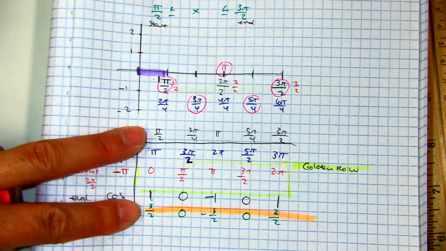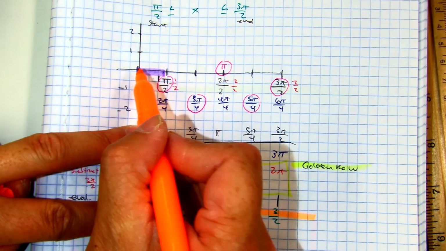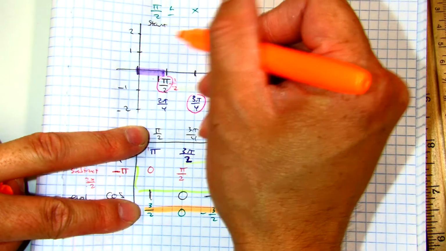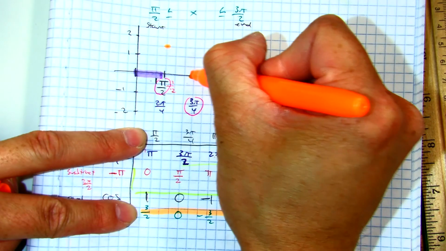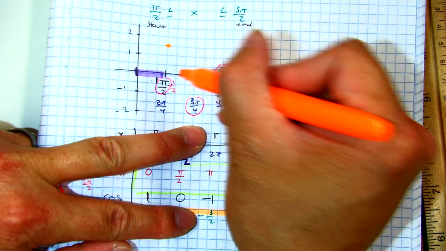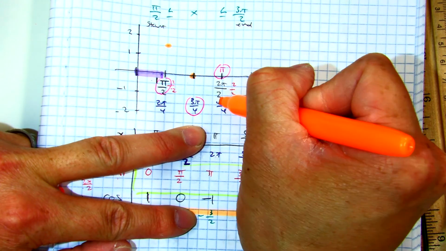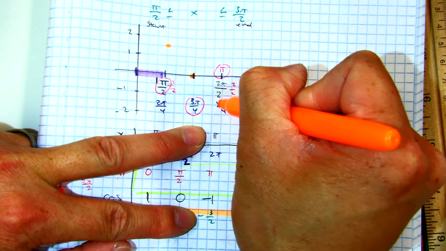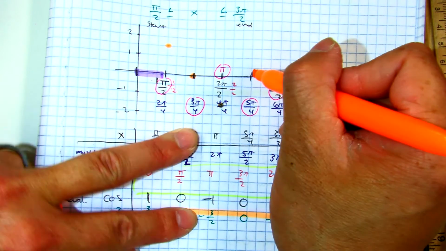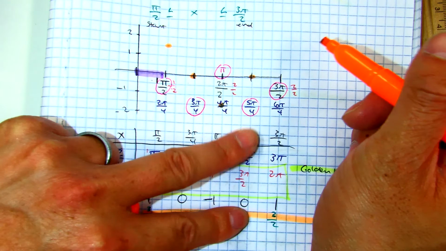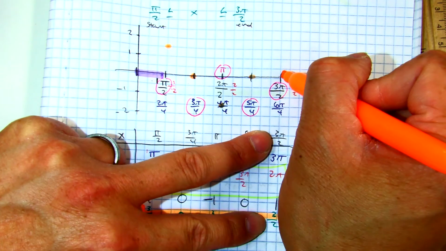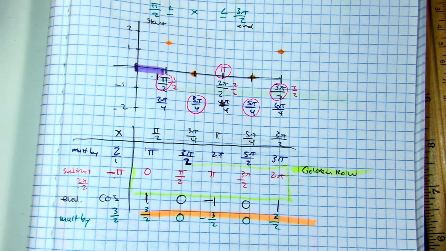Pi over 2, 3 halves, because there is the horizontal shift. 0. Pi at negative 3 halves, or negative 1.5, between negative 1 and negative 2. 5 pi over 4 is 0, which is the x-intercept, and 3 pi over 2, and then 3 halves. Here's my graph.